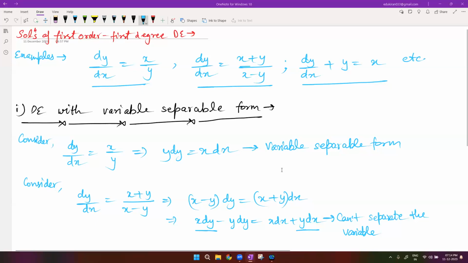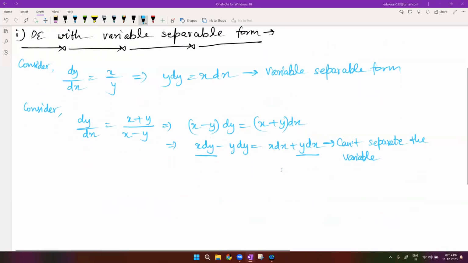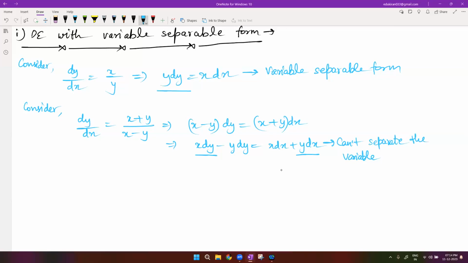This is the first priority of variable separable form. If you are able to reach this point, then it is very easy to solve this kind of differential equation. We will simultaneously discuss how to solve this.